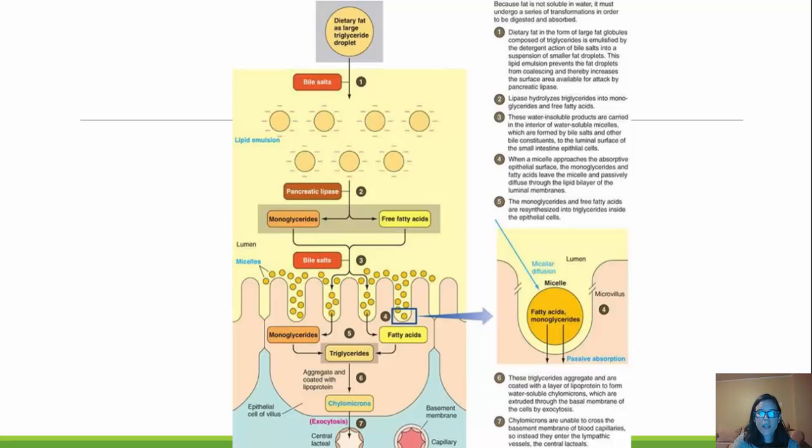These are then packaged into micelles, which are small enough to fit between microvilli, and then they diffuse into the enterocyte, where they're resynthesized into triglycerides. They're coated with a lipoprotein and then packaged into chylomicrons, which enter the lymph system.